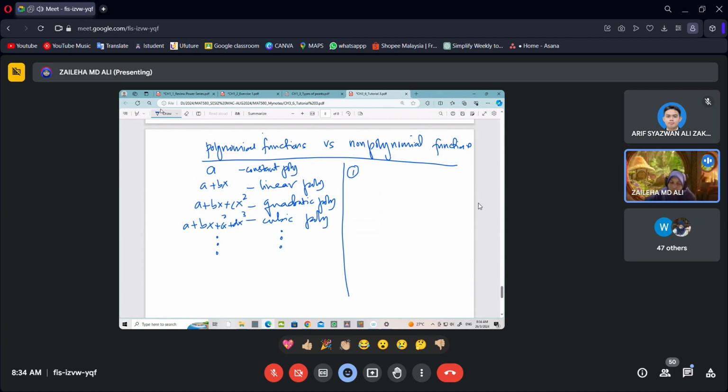Jiran depan rumah polinomial ni, siapa? Yang sebut kita tadi kan? Cosine of X, sin of X, tangent of X, lagi apa? Secant of theta, cosecant of theta. Ini adalah keluarga apa?